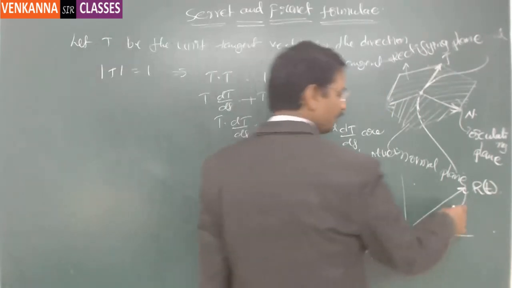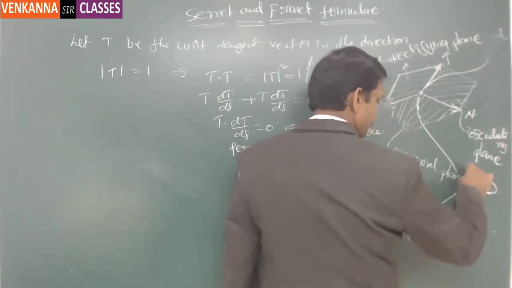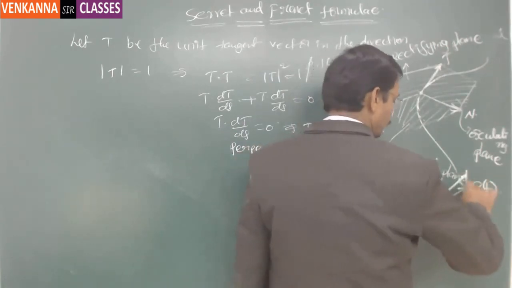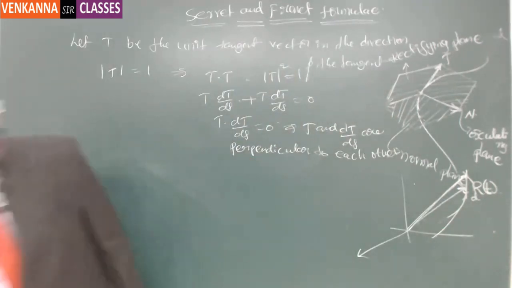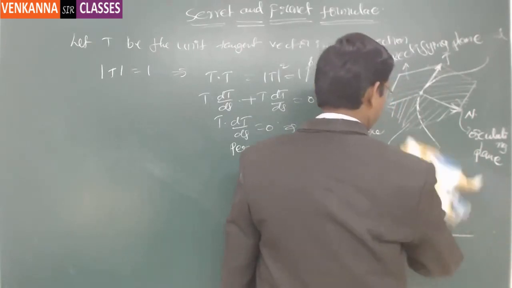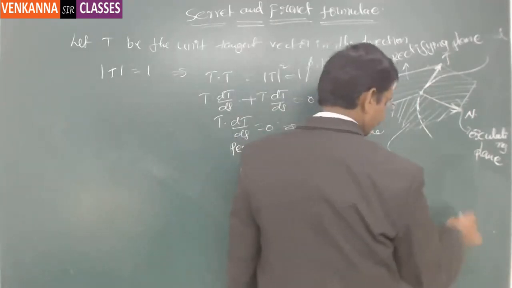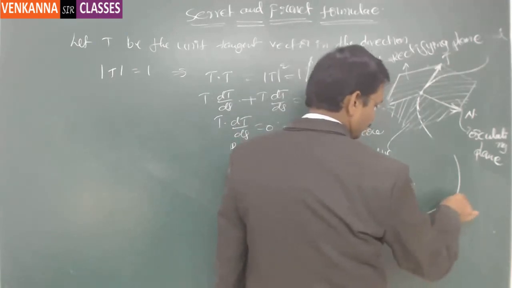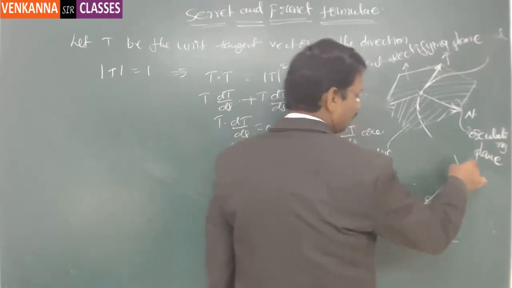If there is a change in the value of r, this is the radial change dr. This is one position, r of t, and after a certain time r changes to a different value.